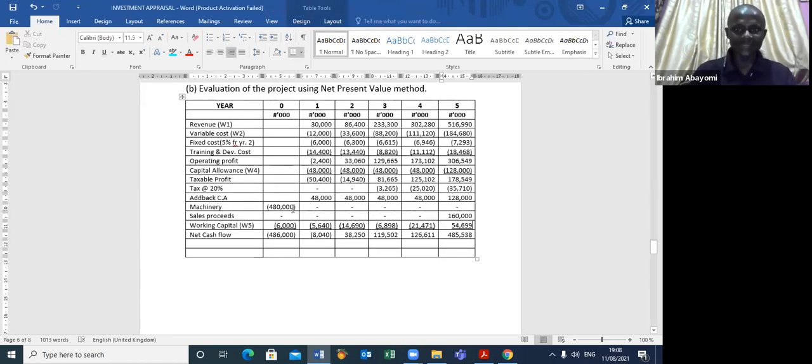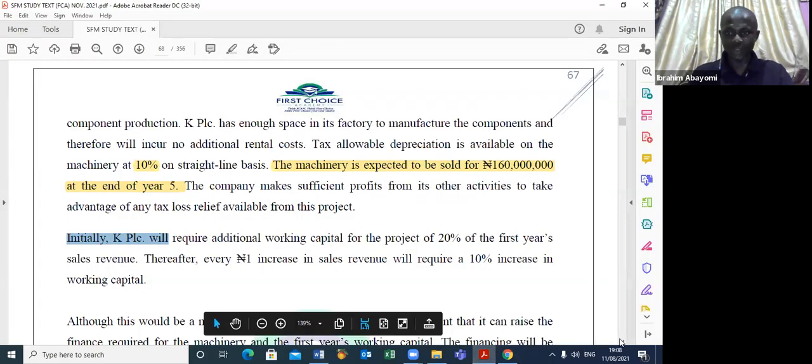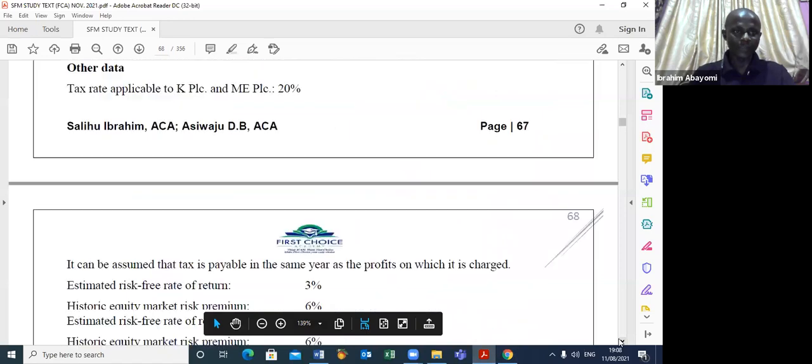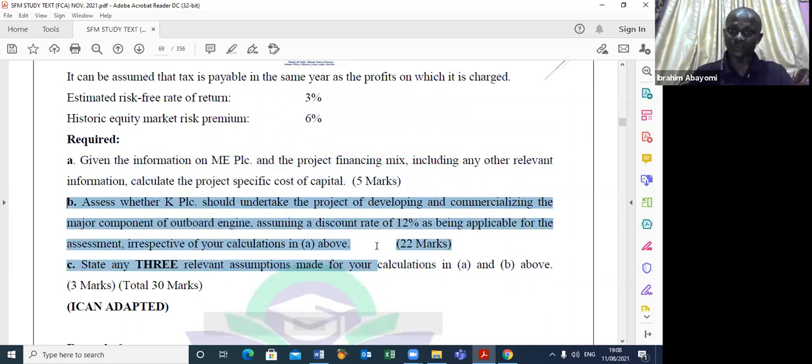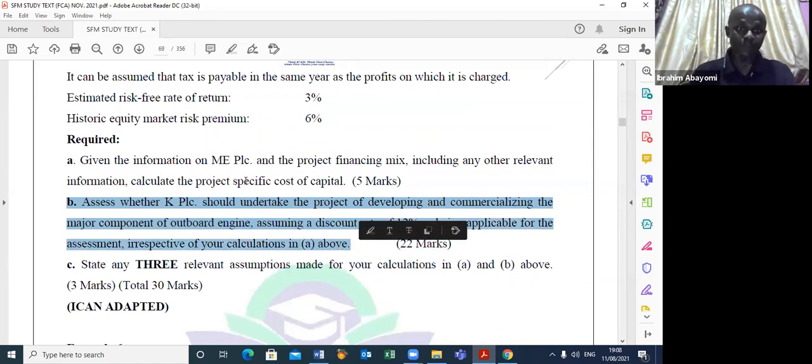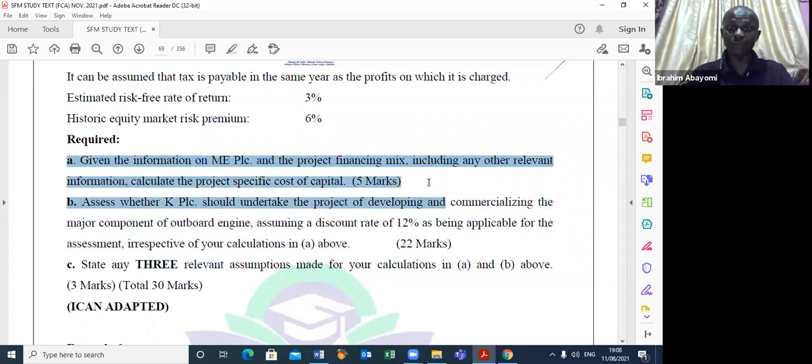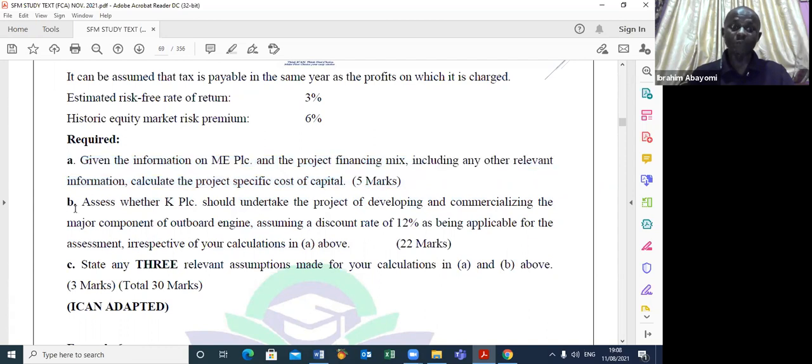What next? The next is to bring down my cost of capital. So DCF at 12%. Look at what the question asks you to do. The question says, irrespective of your solution in A, whatever answer we get in A is what we are supposed to use to discount the cash flow in B. But the examiner knows that you may not be able to get requirement A correctly, and if that is the case, requirement B will also be wrong.